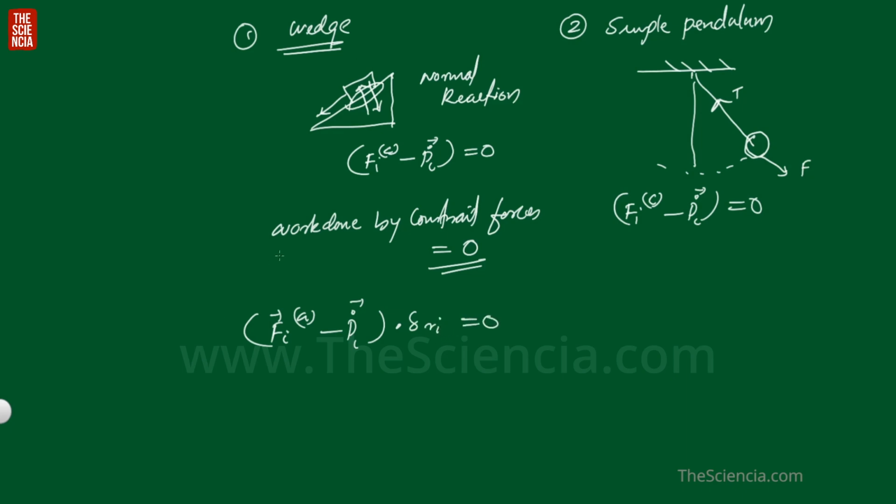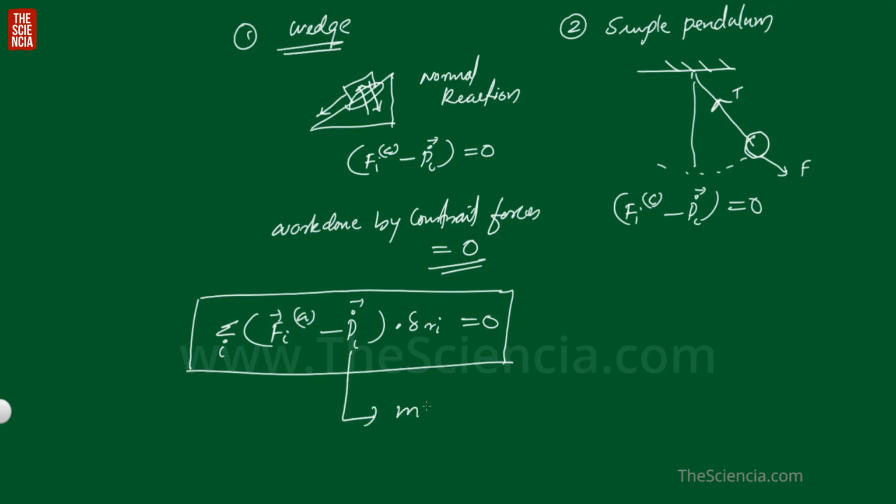Here I am considering a system of particles, so I am giving the summation over i. Here you know Pi dot is nothing but m v dot, right? Here you can see this equation is analogous to Newton's second law of motion.